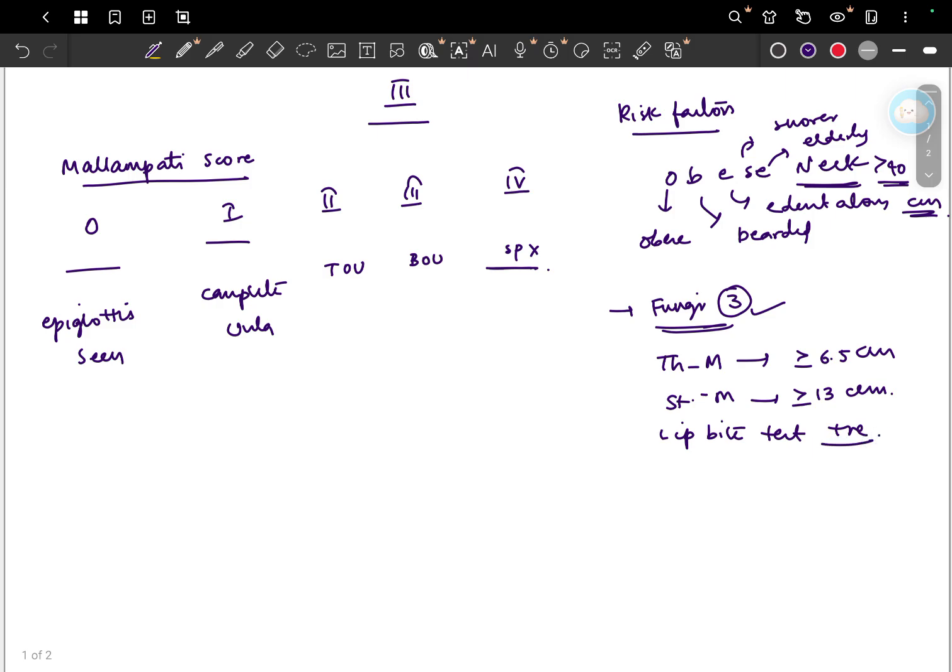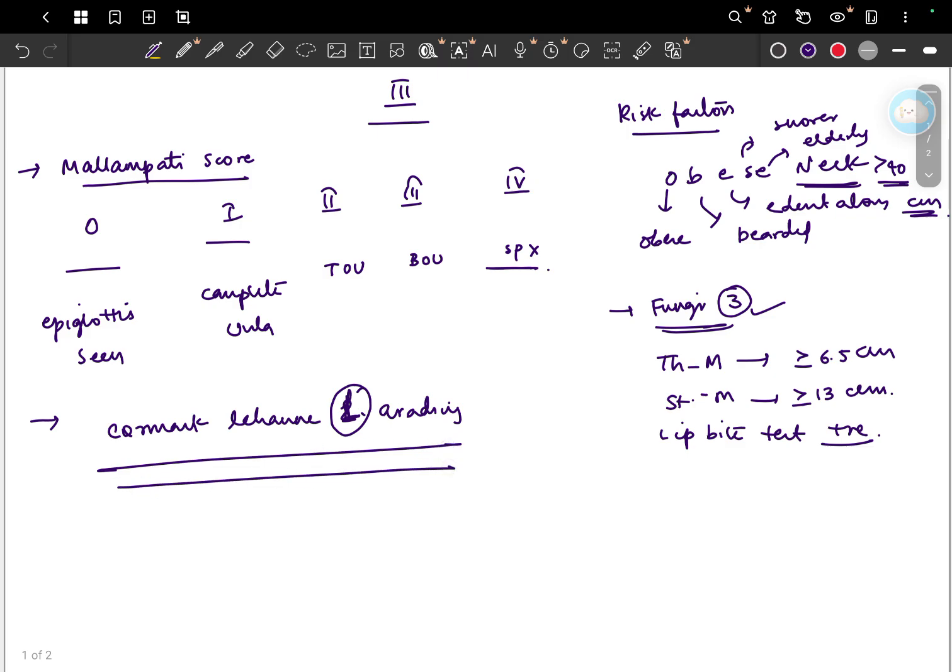Now coming to another classification, that is Cormack-Lehane laryngoscopy grading, laryngoscopy basically, not intubation exactly. So we have grade 1, 2, 3 and 4.